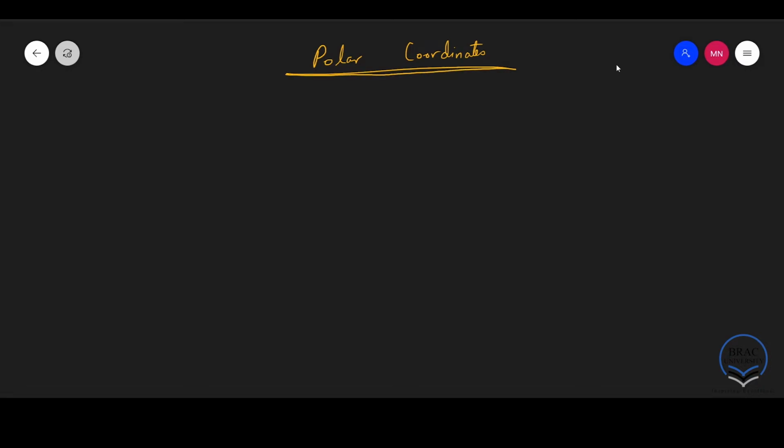Today's class topic will revolve around polar coordinates. So far we have been dealing with points that are plotted on a Cartesian plane, right? If I consider a Cartesian plane, I will have my x-axis and my y-axis, and I can identify the location of any point on this plane by my x and y coordinates. The x coordinate describes the horizontal distance with respect to the origin.